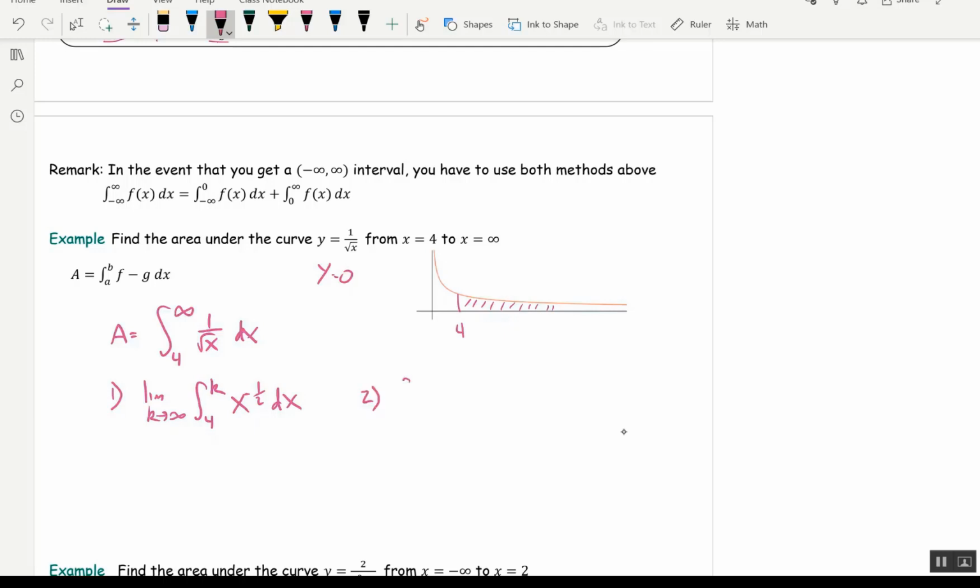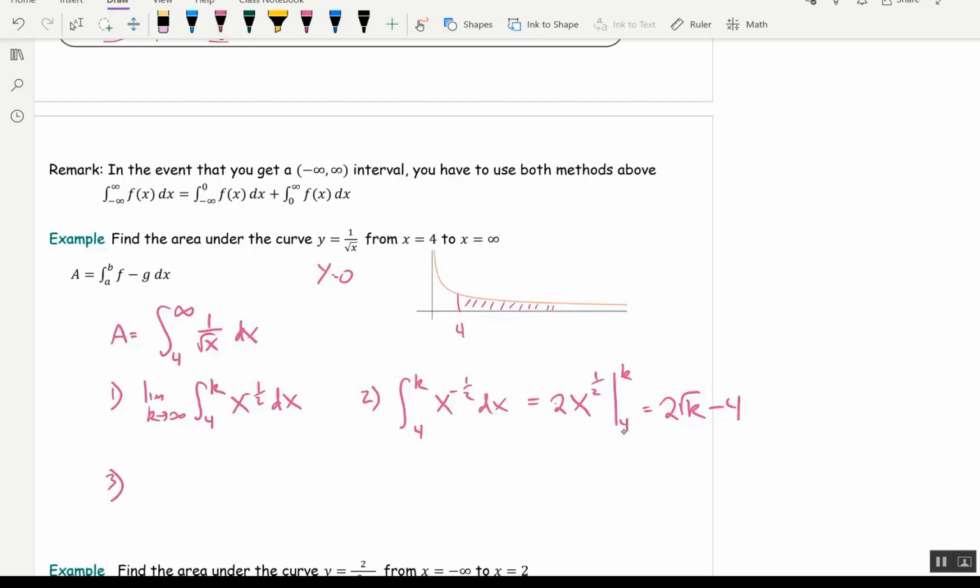Step 2, you can just evaluate this guy. So we're going to evaluate the proper integral. And so 2x to the 1/2 between k and 4, which is going to be 2 square root of k minus 4. All right, in step 3, we're going to put our limit back on and take the limit of that answer.